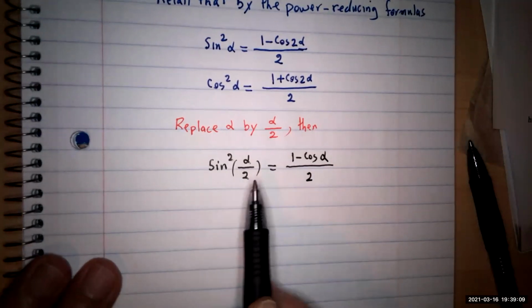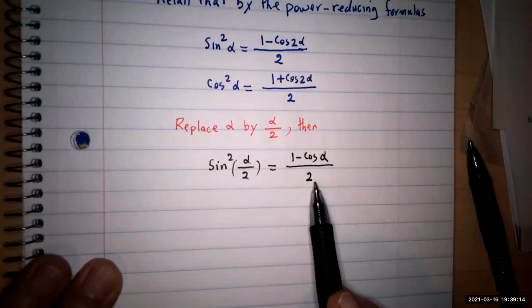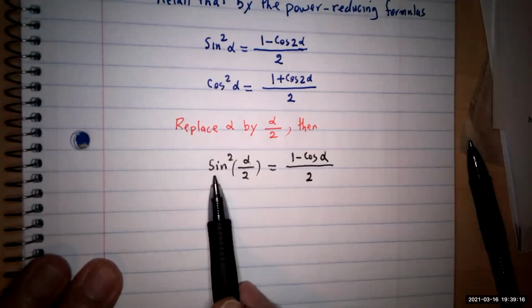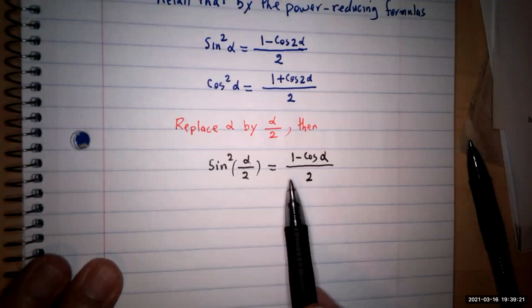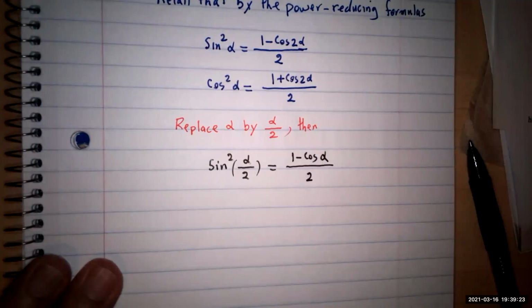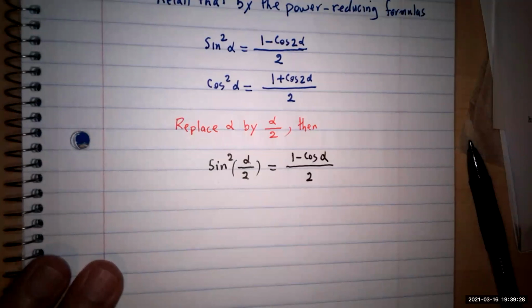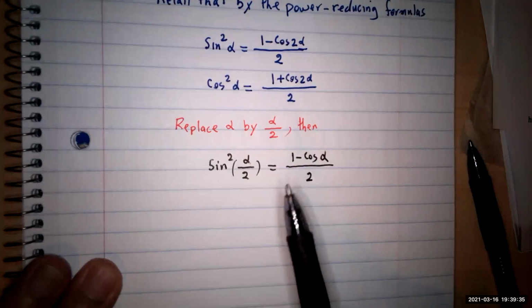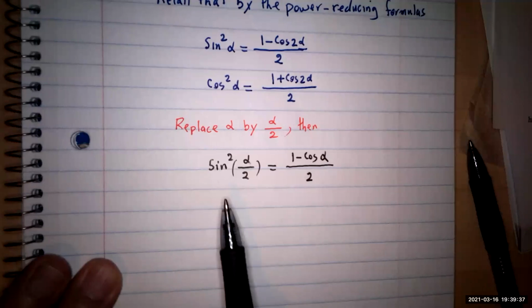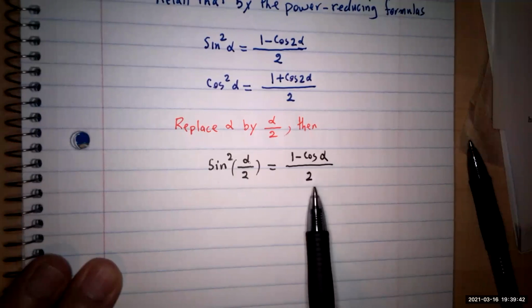If you would like to find the sine of the half angle, you write this one first, then take the square root. The difficulty when we take the square root is that you have a positive or negative. You should take care of it. So my suggestion is to write the formula in this format, then take the square root yourself. So the sine squared of alpha half is equal to 1 minus cosine of alpha, over 2.